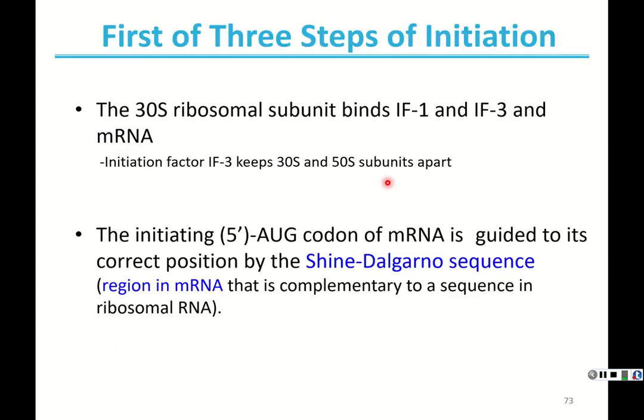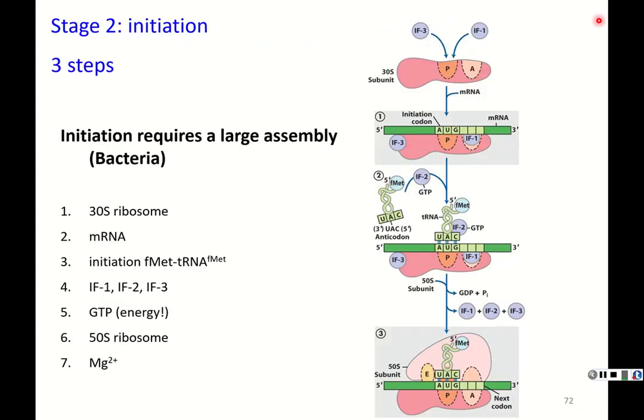Right, so how do all of these occur? Well, let's look at the figure first. In the 30S subunit, you have the P site and the A site. IF1 and IF3 will bind to your 30S subunit. That allows your messenger RNA to bind, and it loads it up so that the start codon, the AUG, is in what's termed the P site.